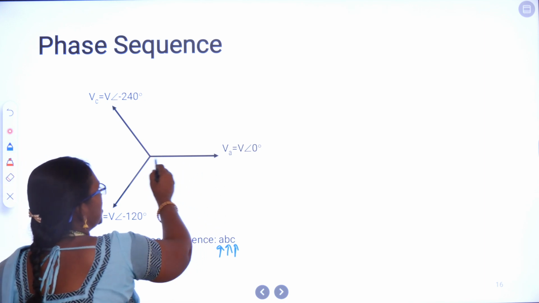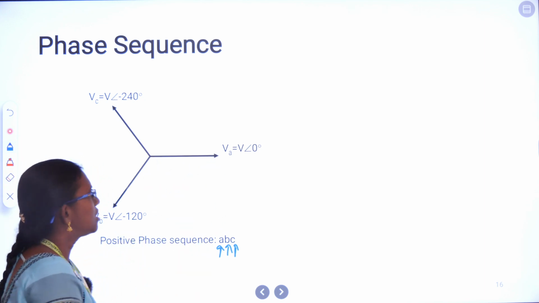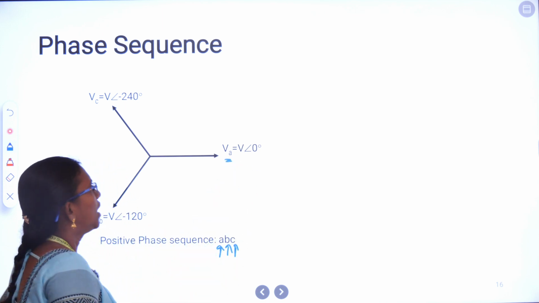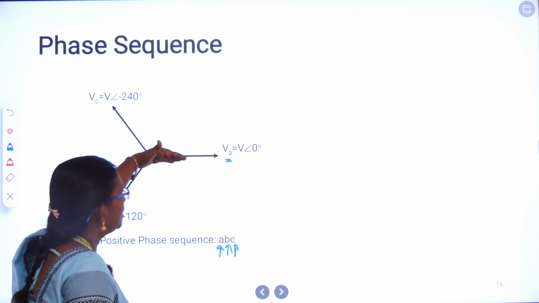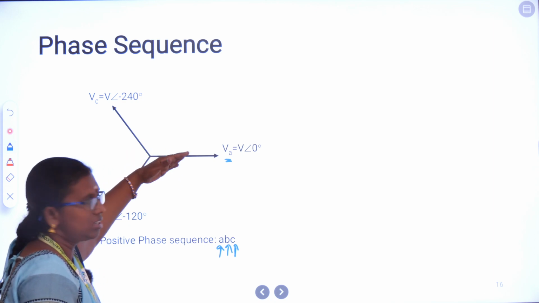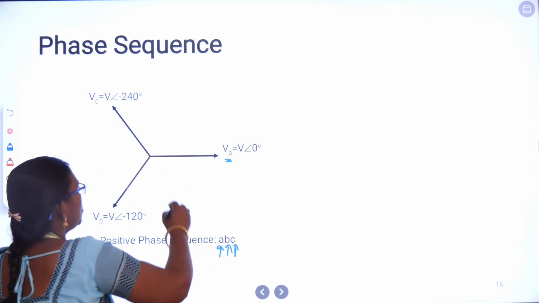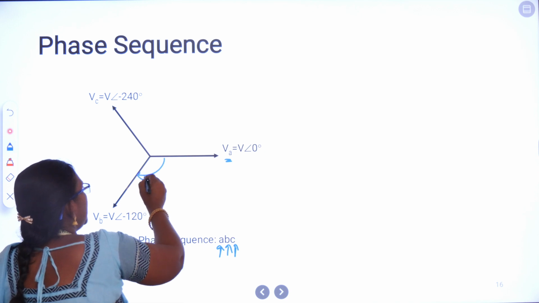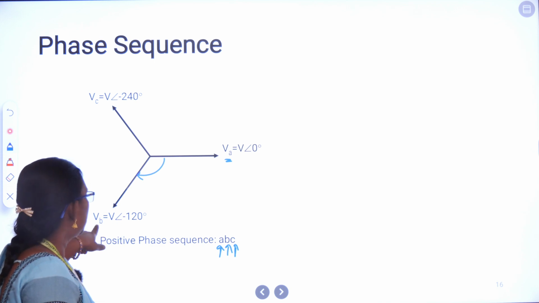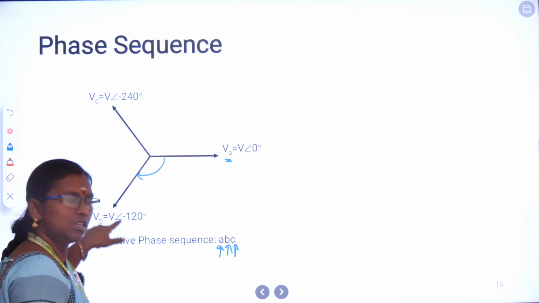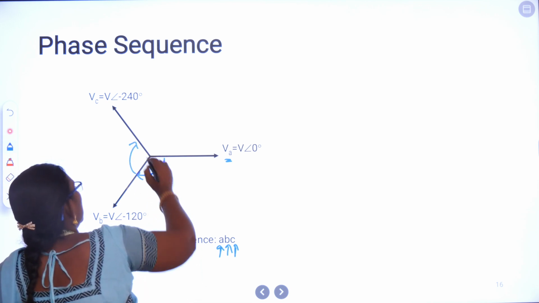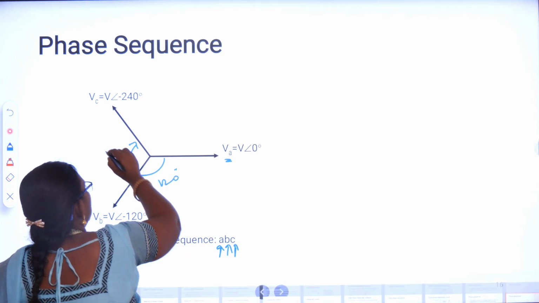See, always we consider the A phase to be the reference phase. So VA can be represented by V angle 0, and after VA, after a lag, we always need to go in the clockwise direction. So this is a clockwise direction. When we go in the clockwise direction by 120 degree, at minus 120 degree VB is going to take up its 0th position, and this is 120 and this is 120.